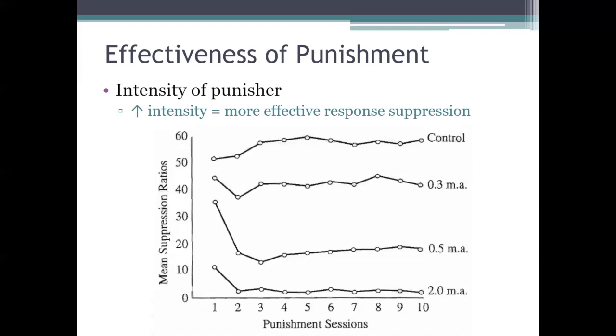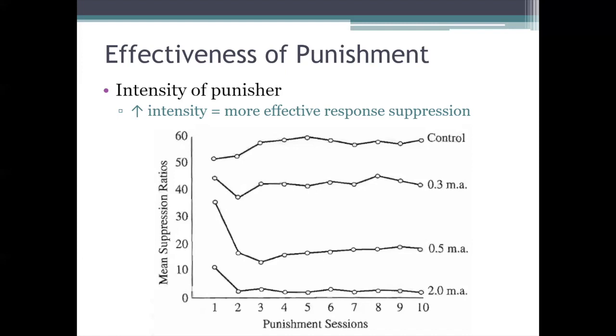And guys, the way suppression ratios work is you compare the number of responses that the animals make after an intervention to the number of responses that they were making at baseline before the intervention. So here we're looking at how many responses the animals made after they started getting punished compared to how many responses they made before the introduction of those punishers.